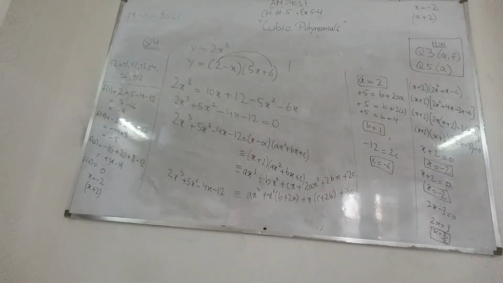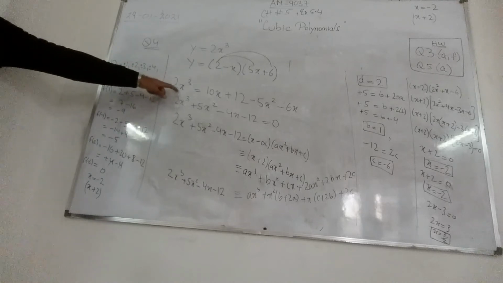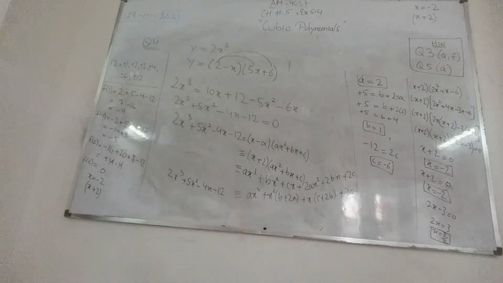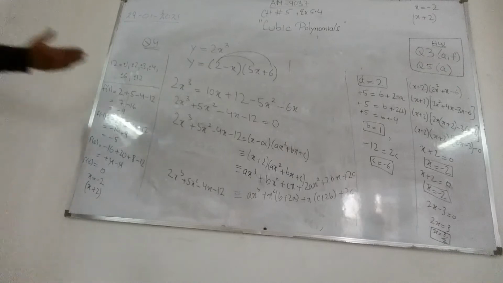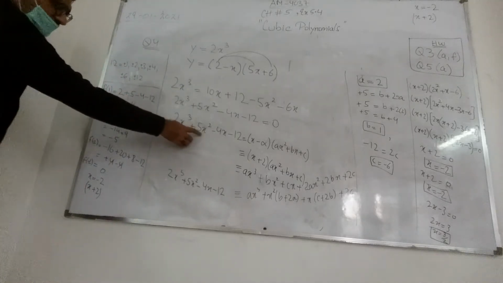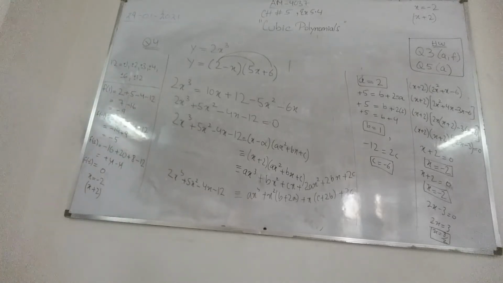I have to put the value x equals 1 in this polynomial. So this is 2x cube. X cube means cube of 1. Cube of 1 is 1 multiplied by 1 multiplied by 1, which is 1. And when 1 is multiplied with 2, I will get 2. Then plus 5x square means 1 square is 1, multiplied by 5 will be plus 5.